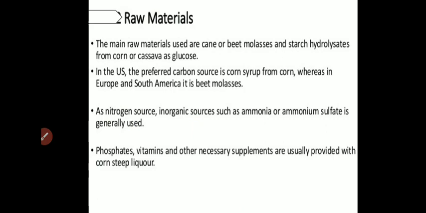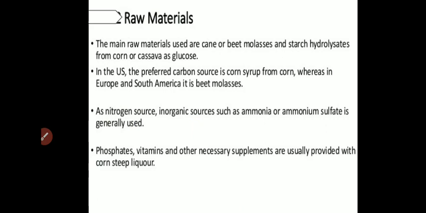Generally, during the production of glutamic acid, the glutamic acid producing bacteria utilize glucose, fructose and sucrose for growth, and L-glutamic acid is produced. For industrial production, beet molasses and starch hydrolysate are generally employed as a carbon source.